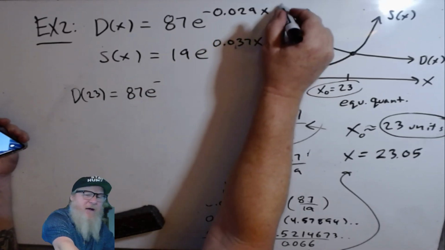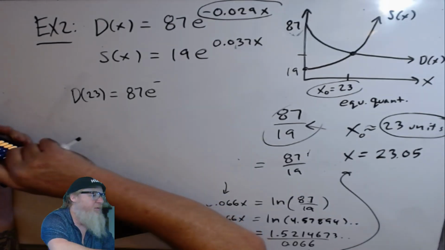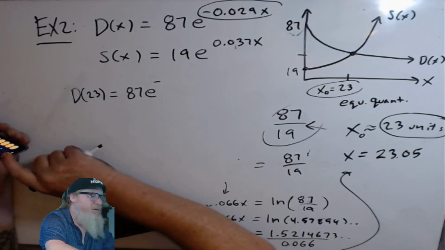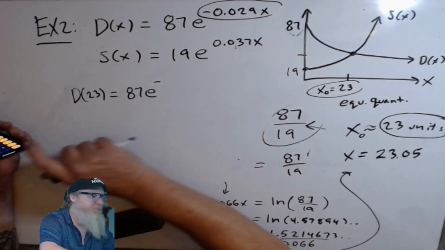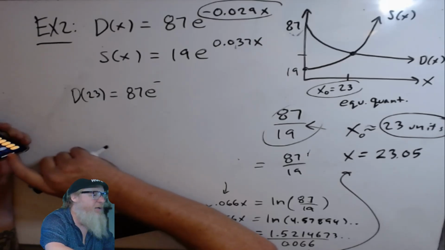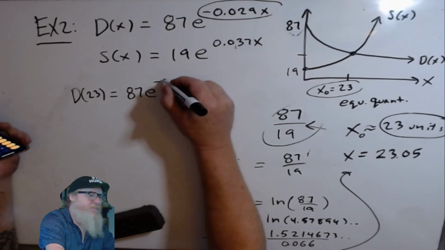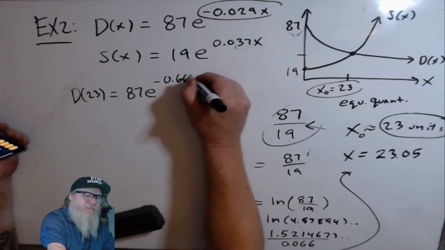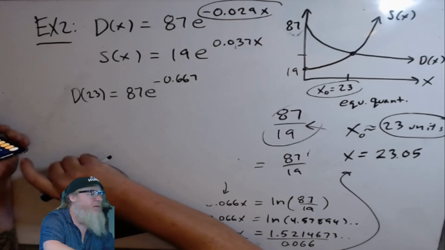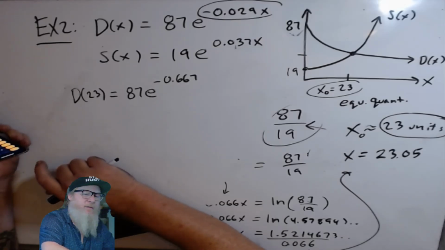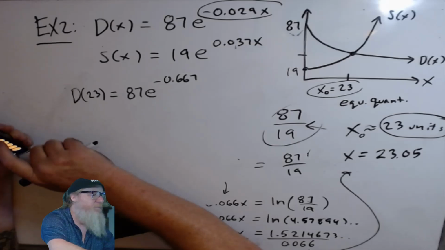Well, let's do the power first. So negative 0.029 times 23. And then I'll do my E. Oh, gotta clear that out.